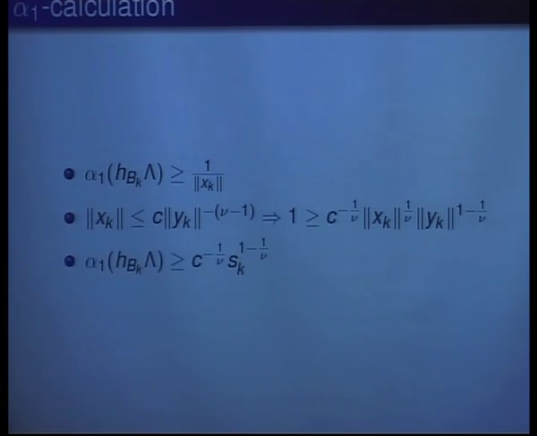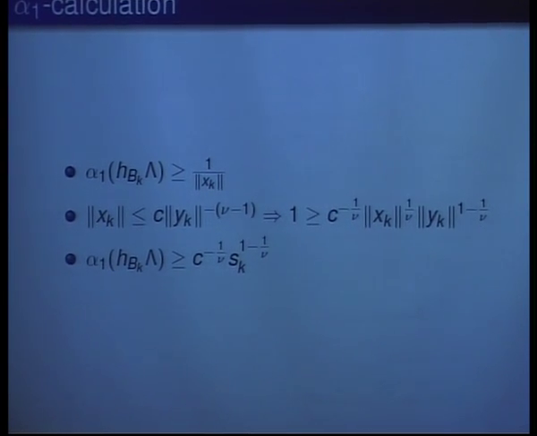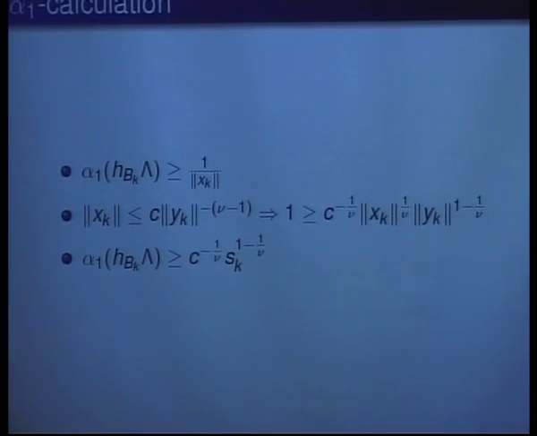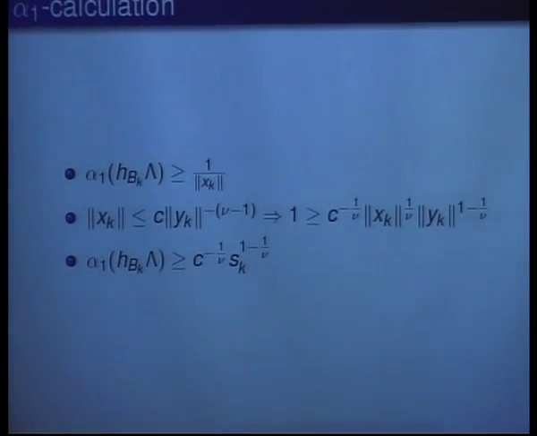Which means, rewriting this, 1 is bigger than or equal to, forget the constant for now, just think about xk to the 1 over nu, yk to the 1 minus 1 over nu. And when I divide by xk, I get yk over xk to the 1 minus 1 over nu. I replace the 1 in the first inequality by what's on the right side there. And so I get alpha 1 is at least this constant times sk to the 1 minus 1 over nu.